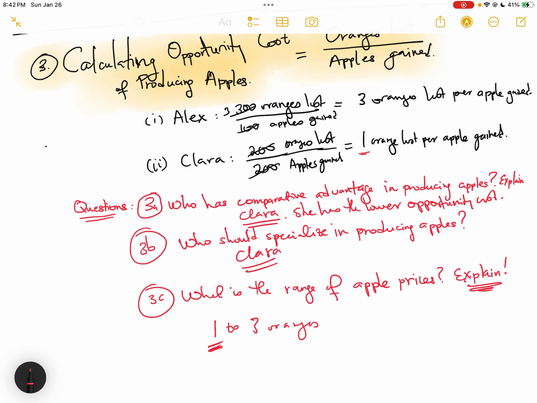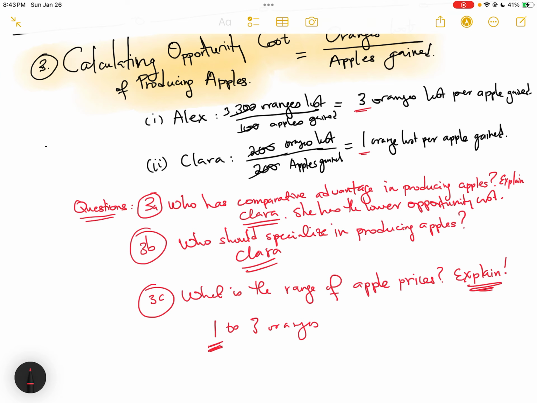Now, Clara would like to sell her apples for 1 orange or more. Can Clara sell her apples for 10 oranges? No. Why not? Well, because Alex, who is purchasing these apples from Clara, would like to purchase them at 3 oranges or less. Do you see? Why less?